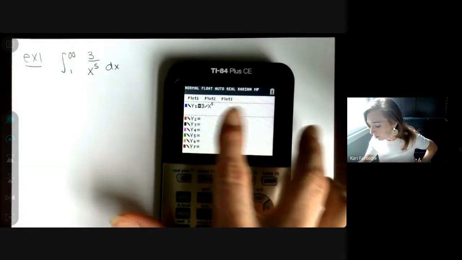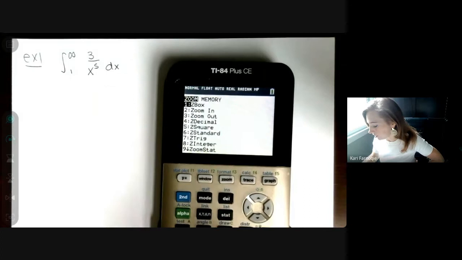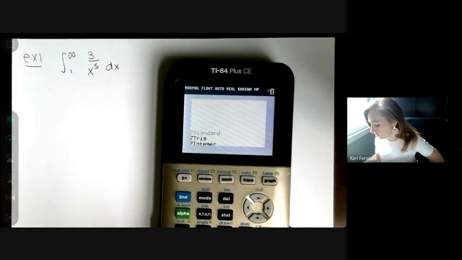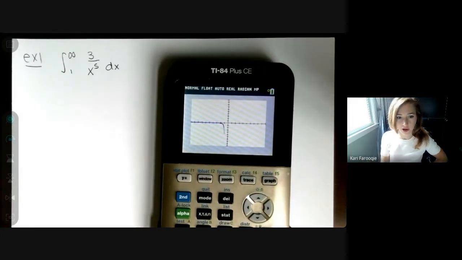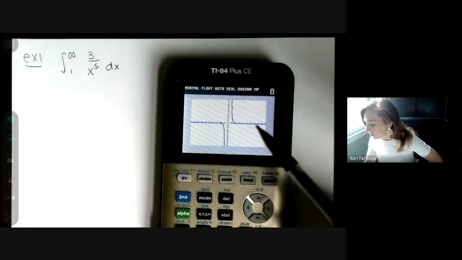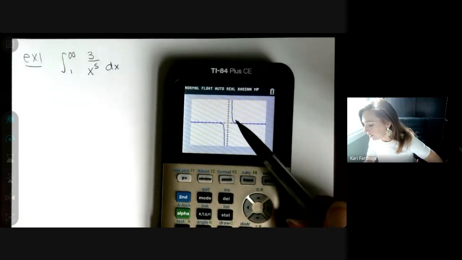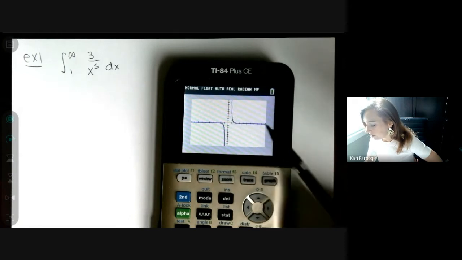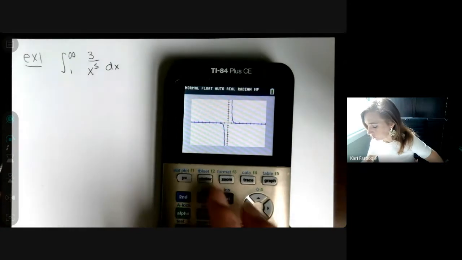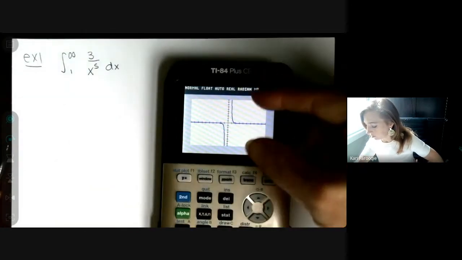If you're looking at 3 over x to the 5th, we'll zoom standard at first and just try to get some sense of what's going on with this picture. You can see that this graph right now, I know it looks like it's got all these values sitting here on the x-axis, but if you were actually to switch your window out a little bit, let's narrow this in.